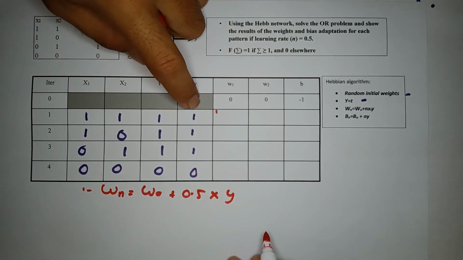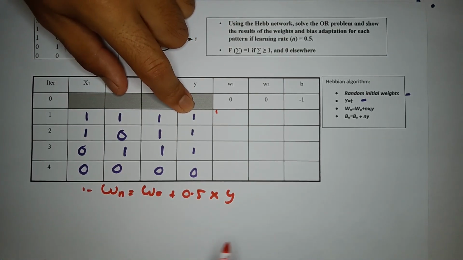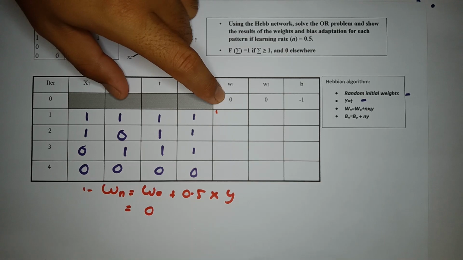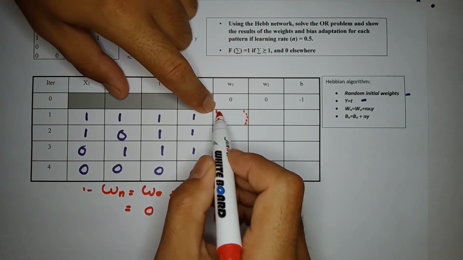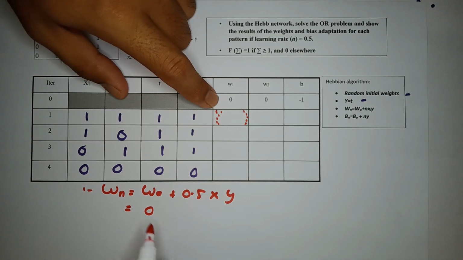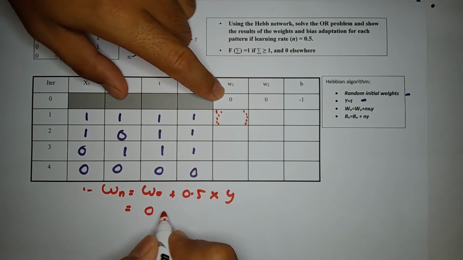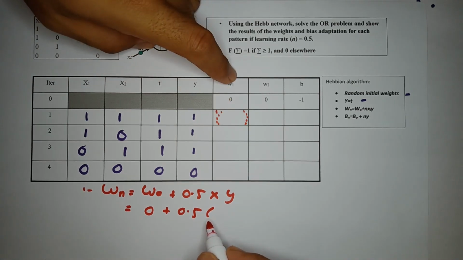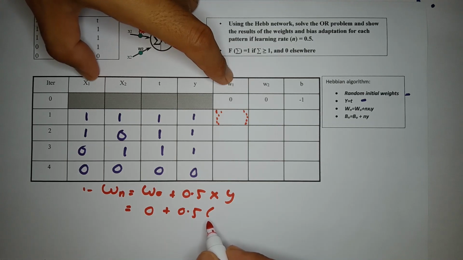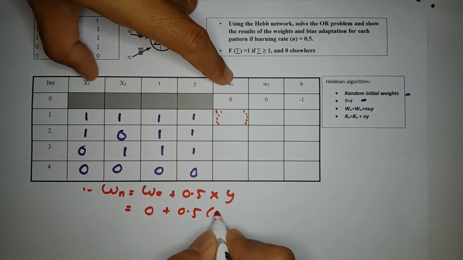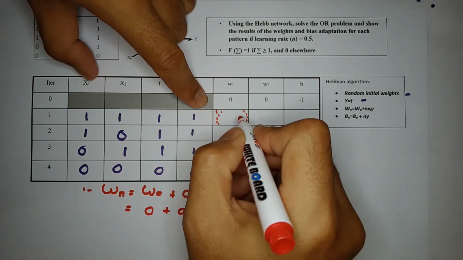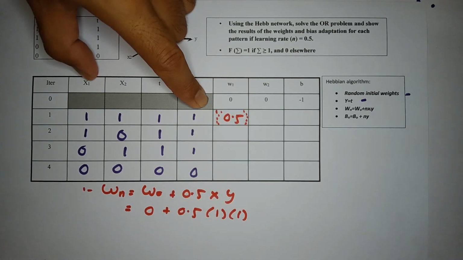Remember, we are interested in finding the adaptation of the weight here. Our W old is equal to 0, the previous weight, so plus 0.5. Since this is W1, it is directly related to x1. So x is equal to 1, and y is equal to 1. The value of W1 will be equal to 0.5.